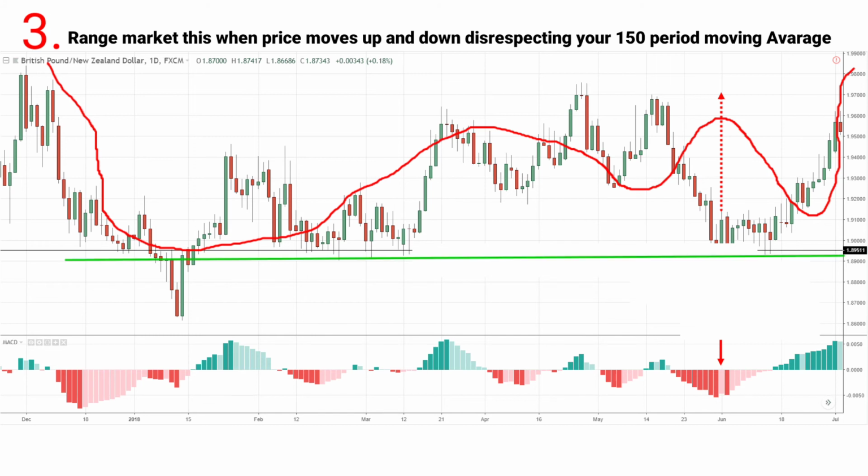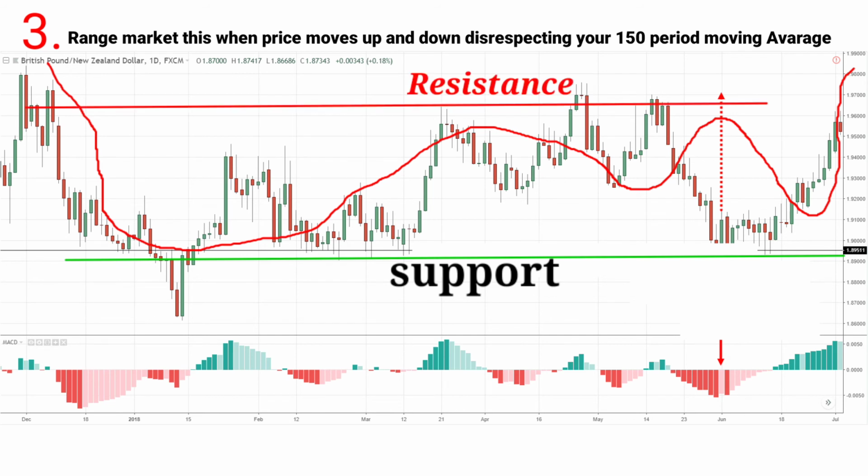Just pull out your line below, mark it as your support. Then you pull out your resistance. So when the market comes to your area of value, for instance, if it comes to your support and gives you good candlestick confirmation, you buy. Likewise, when it comes to your resistance and gives you confirmation, you sell.